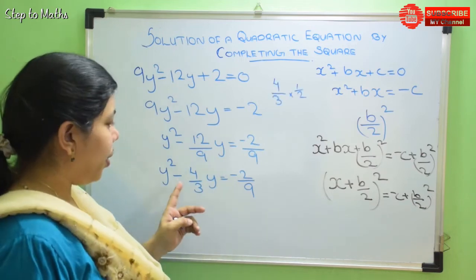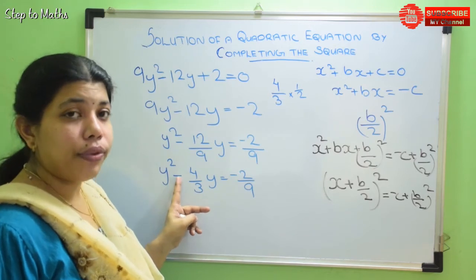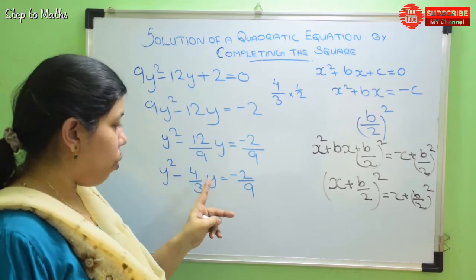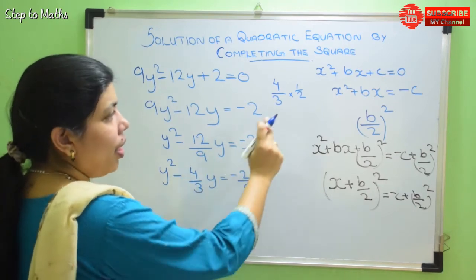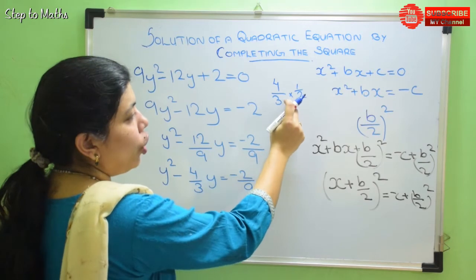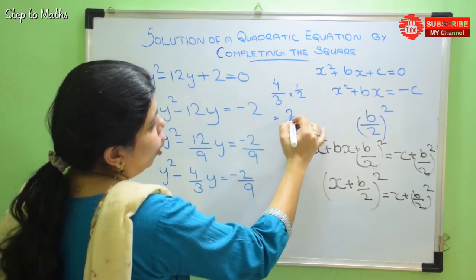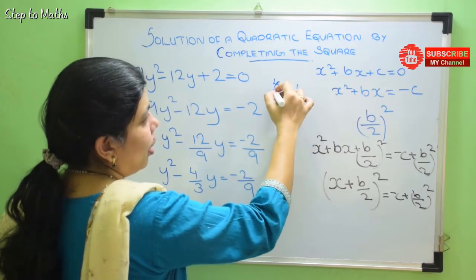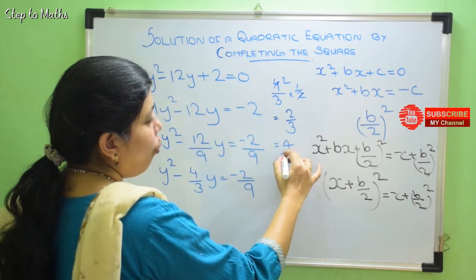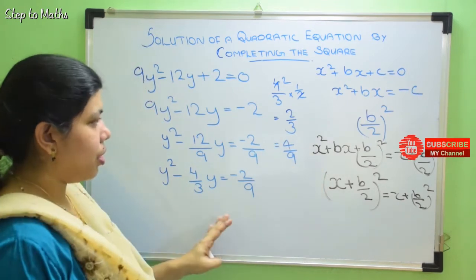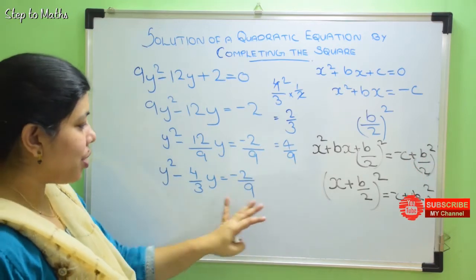What is the next step? Take the square of half the value of the coefficient of y. Here the coefficient of y is 4 by 3. Its half value is 4 by 3 into 1 by 2, that is 2 by 3. Its square is 4 by 9. So that value is added on both sides of this equation.